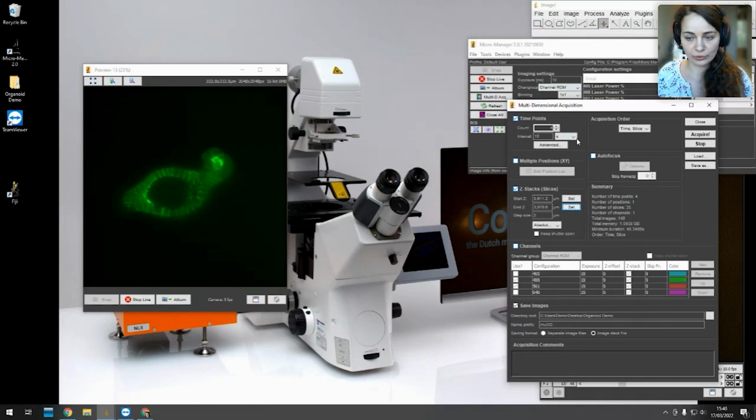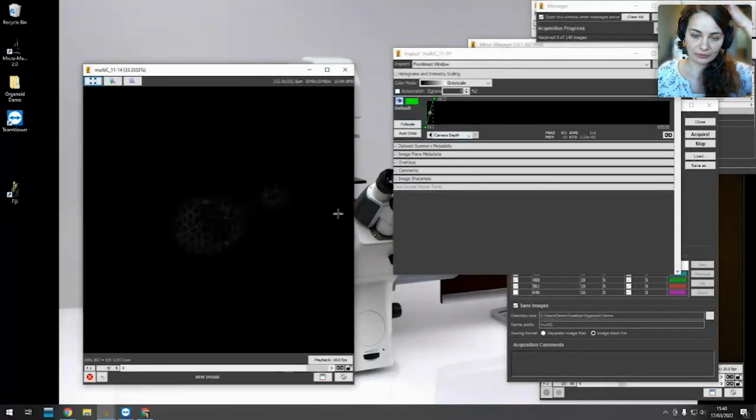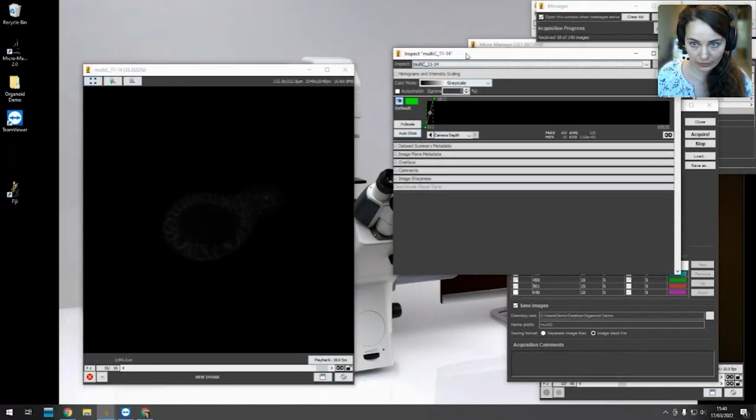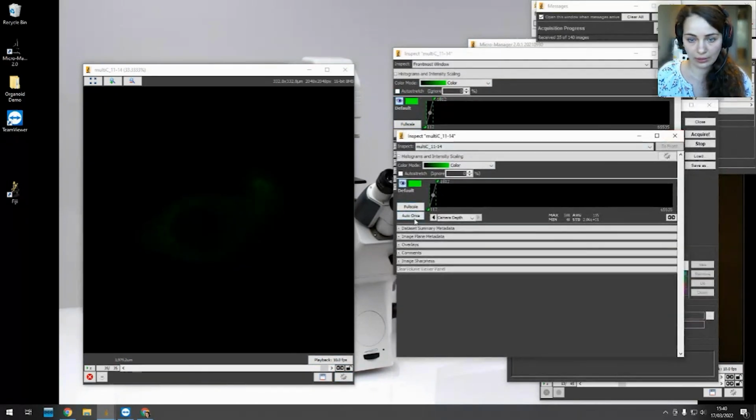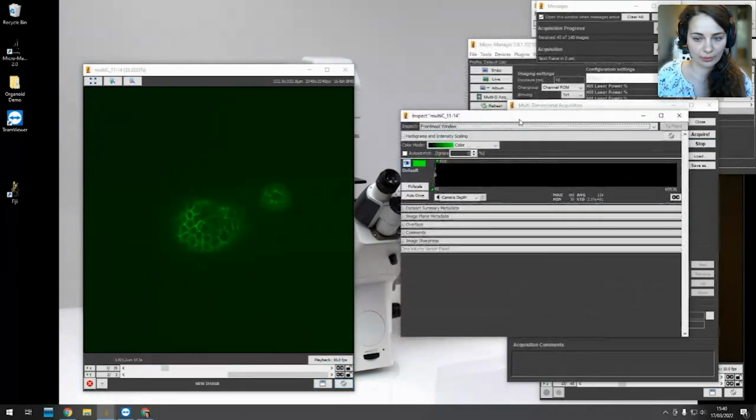We can also do multi-channel imaging with this system. And for time-lapse, for capturing all the important events in the cell. Sorry, I have just two lookup tables.